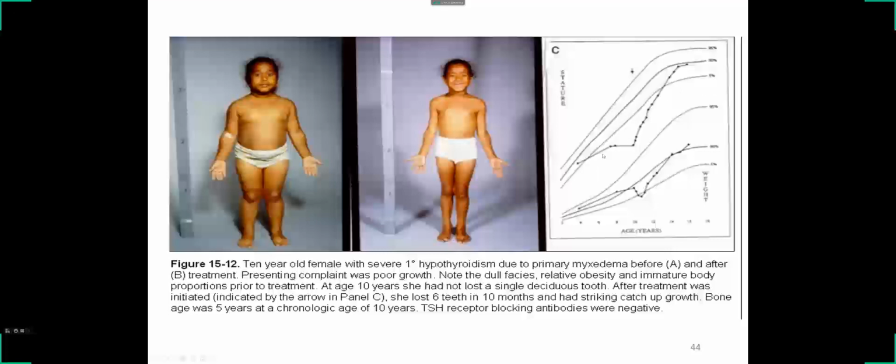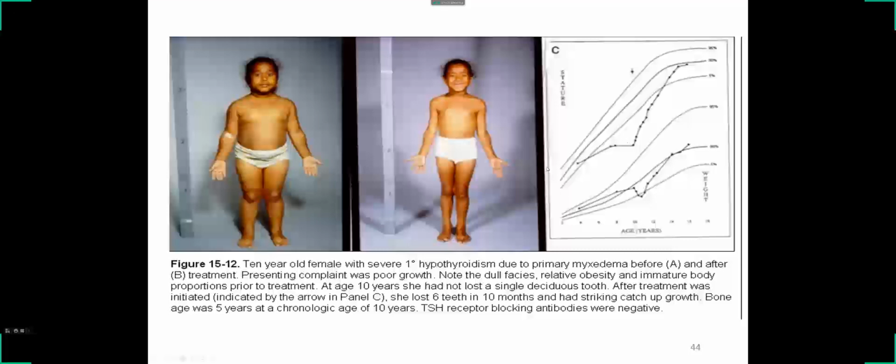This is the 90% growth chart. She was down here. They started thyroid hormone treatment. She lost 6 teeth in 10 months, and had a dramatic catching up of her growth. And her bone age was 5 years. When she was 10, her bone age was only 5.